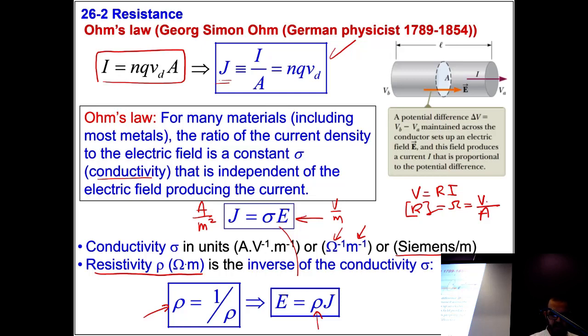So whichever you remember. Sorry, these are confusing, thank you for pointing that out. The resistivity is 1 over conductivity. It's very easy to confuse between them, you just invert one. It's like the 9 and the 6.